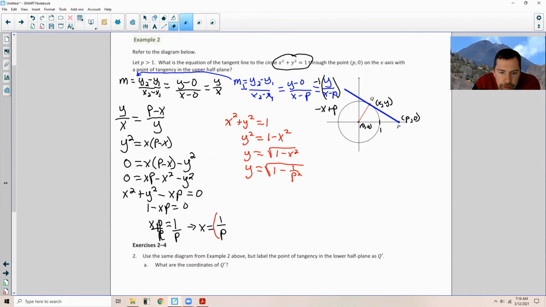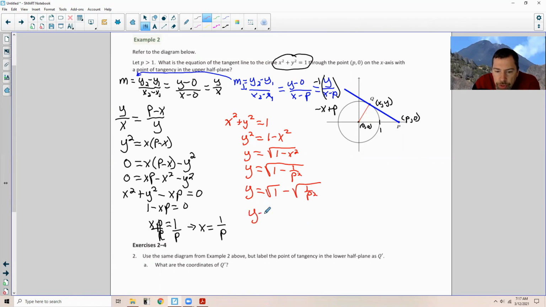Let me just get rid of this now. Just wanted to show that. All right, so now we have an expression for y. y is the square root of 1 minus 1 over p squared, which simplifies to, so how do we simplify that? Well, y would equal the square root of 1 minus the square root of 1 over p squared.